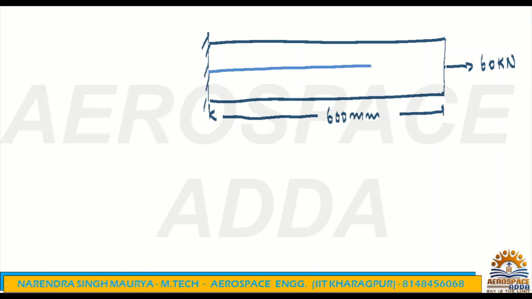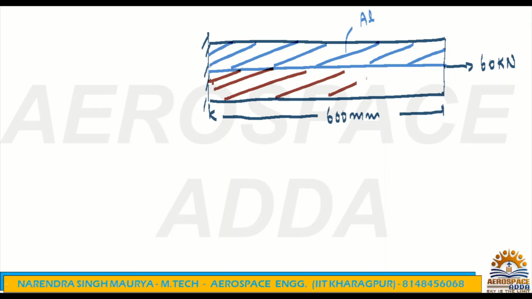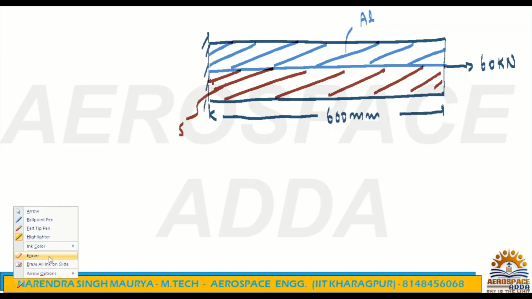Now this compound bar is basically made of two materials, aluminum as well as steel. This is aluminum, and this is steel. Now obviously you apply the key points for the compound bar.